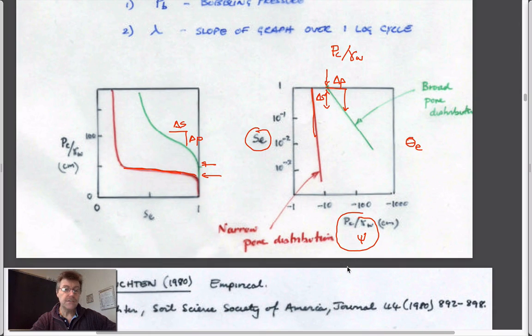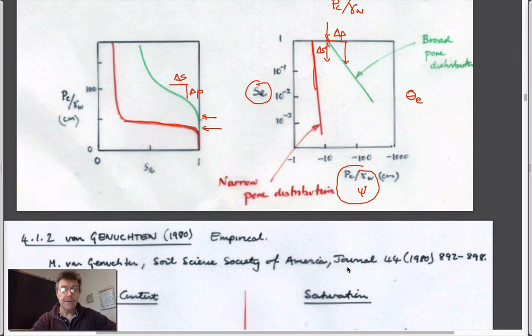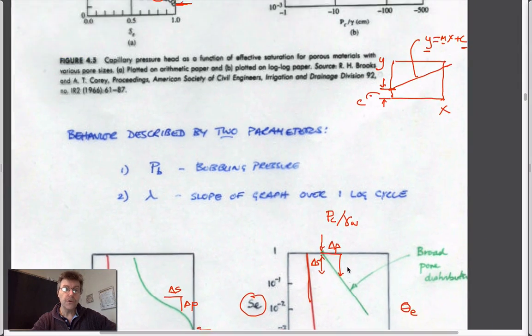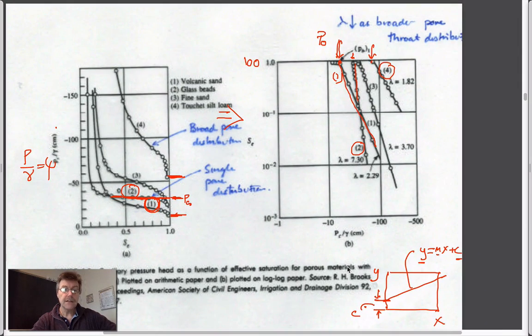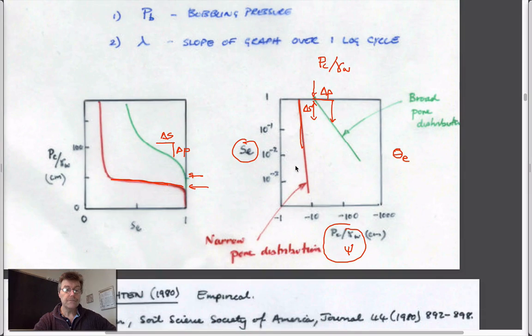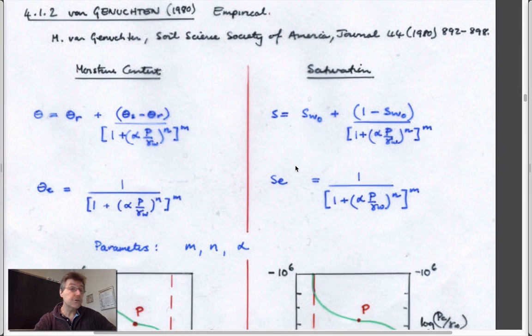So one reason to do this, and perhaps we don't have any time to spend on it, is also that if we can use these universal ways of representing capillary pressure versus saturations, then we might be able to use this in a universal way to represent relative permeabilities and saturations as well. And one very useful method to do that are the so-called Van Genuchten curves.